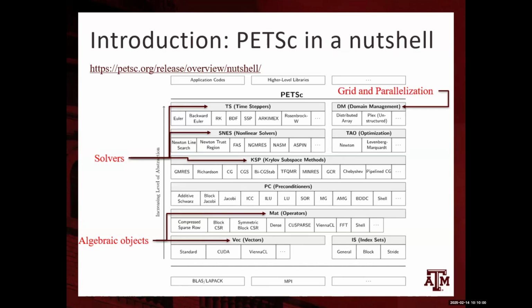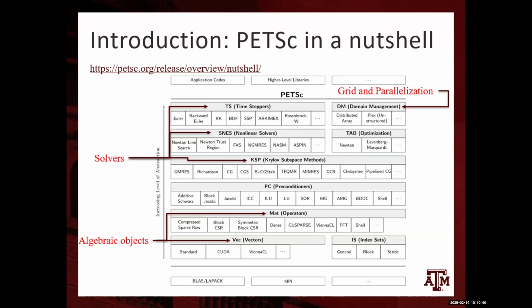And then index sets, or IS, are for handling general grids. DM is mainly used for structured grids. Index sets you can use for unstructured and even point grids. PETSc itself has been built on MPI, message passing interface, for parallelization, and also BLAS and LAPACK, which are basic math libraries.